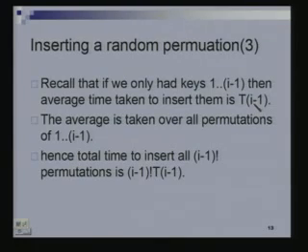The average is taken by computing the total time to insert all the i minus 1 factorial permutations divided by i minus 1 factorial. Like for instance, in the example that we did earlier for T3, the total time taken to insert all the permutations was 16, which was just the average times 6.